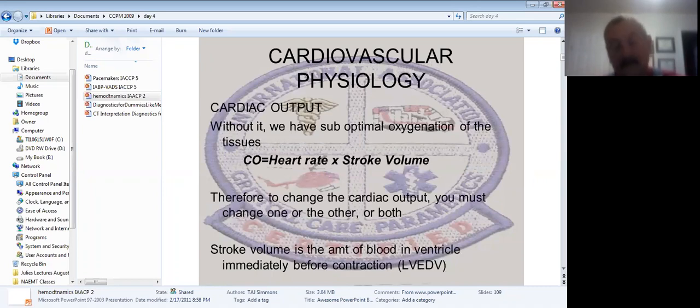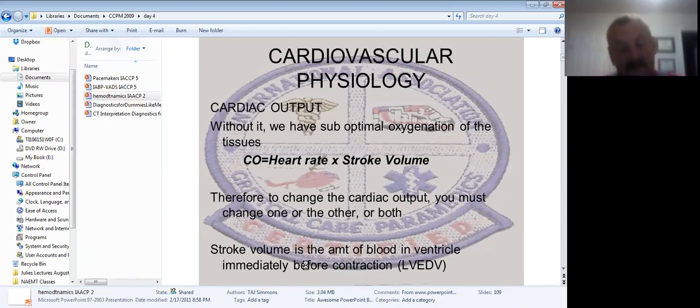So we begin at the beginning in defining cardiac output and the components of cardiac output, which, if you remember the formula, is stroke volume times heart rate. So if you're going to change cardiac output, you have to affect either heart rate or stroke volume in order to directly affect cardiac output.